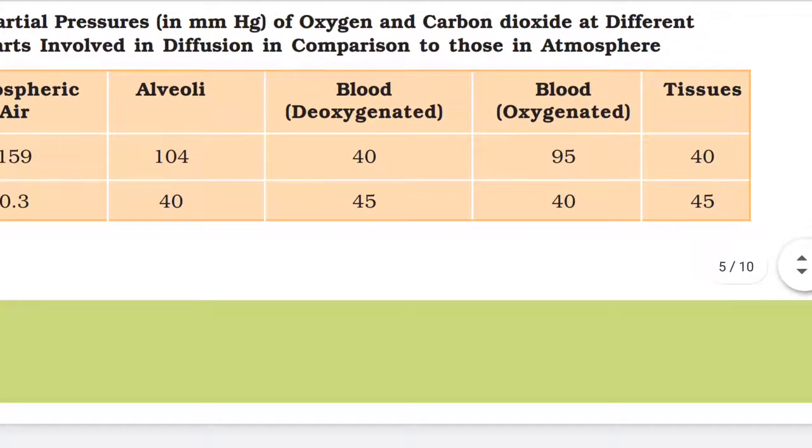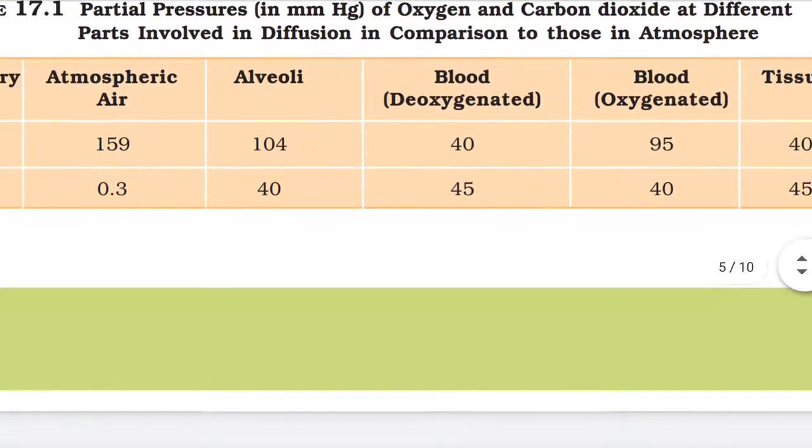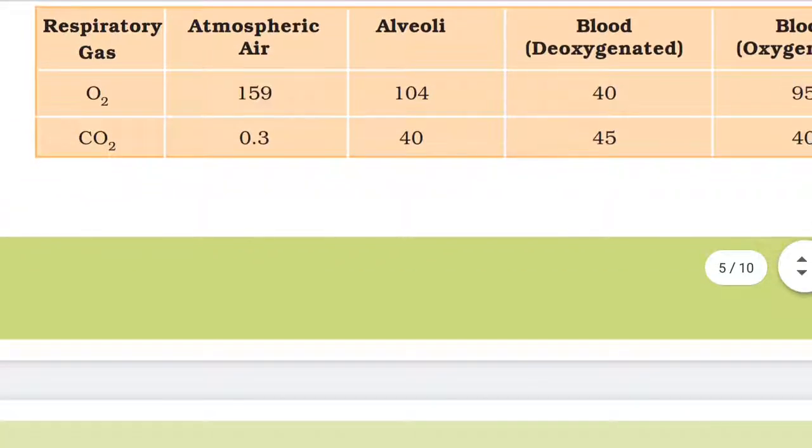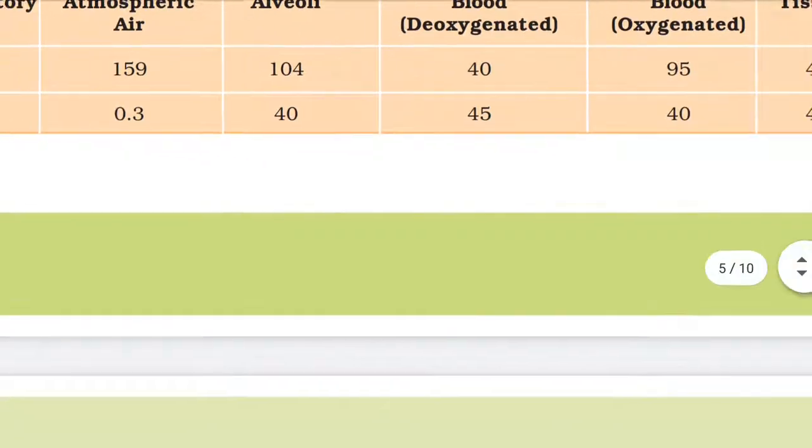For oxygenated blood, it is 95 for oxygen and 40 for carbon dioxide, and in the alveoli, it is 104 and 40.